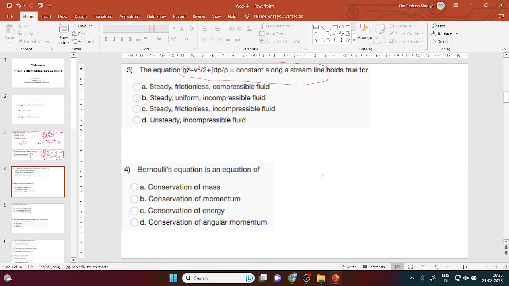You know the whole concept of how, for deriving the Bernoulli equation, we derive the equation along a streamline. Let's say you just solve, then I will discuss the concept behind it. This is a very interesting concept. So just give your answer in the chat box for question number 3.